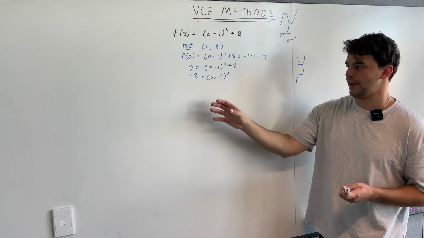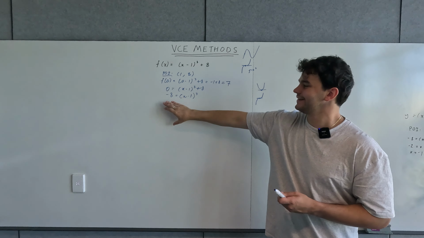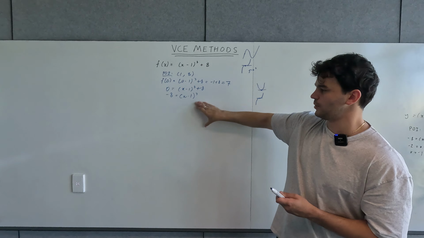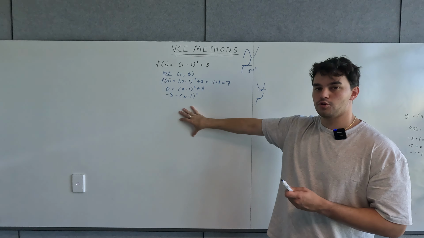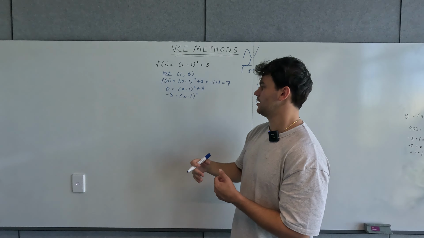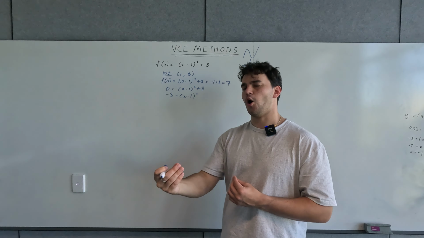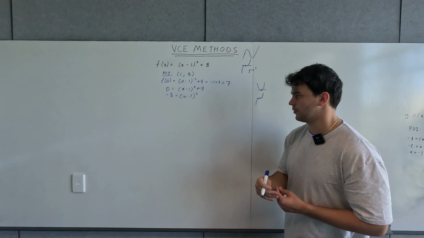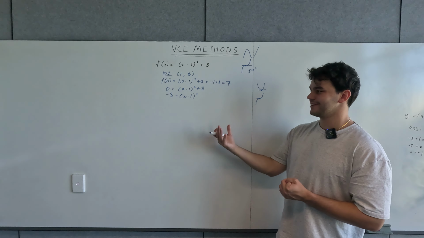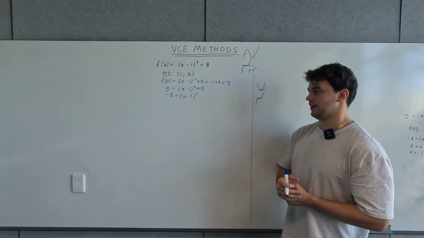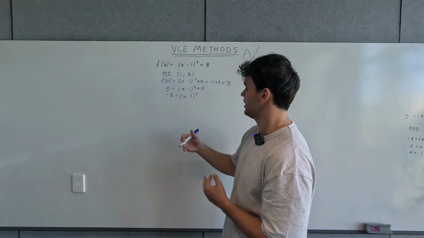Now, to move the power of 3 across, we take the cube root of negative 8. We can actually cube root negative values. You can root negative values if it's an odd power. In this case, because we have cubed, we can cube root on the other side. We could also do a fifth root to the other side if we wanted to.